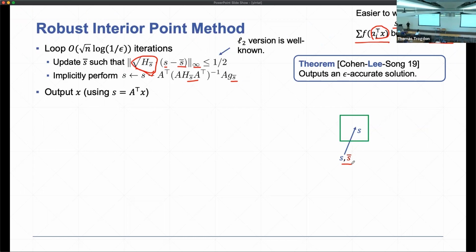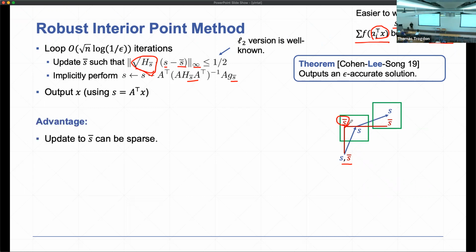In general, if you want to be lazy, you want to update as few coordinates as possible. So for example, we can choose to move to there. We just update one coordinate. Then we repeat: we compute the gradient and Hessian at S bar instead of S. It gives you some direction, and then you move, and then maybe the hypercube is there, and then you move the S bar. So this is roughly what the algorithm will be using.